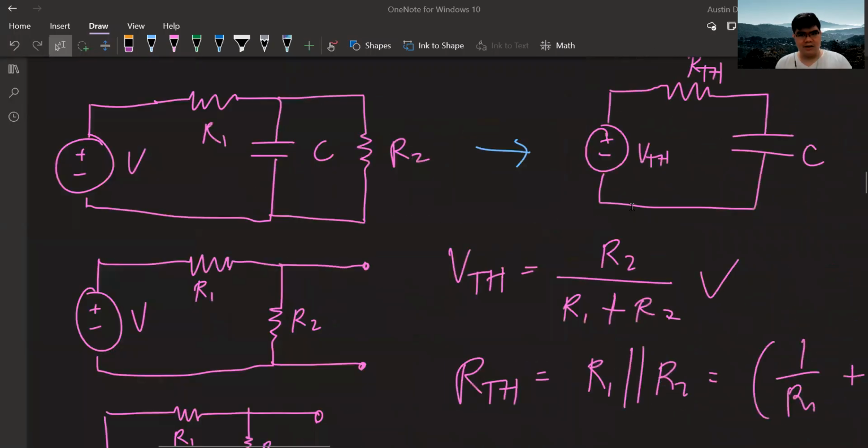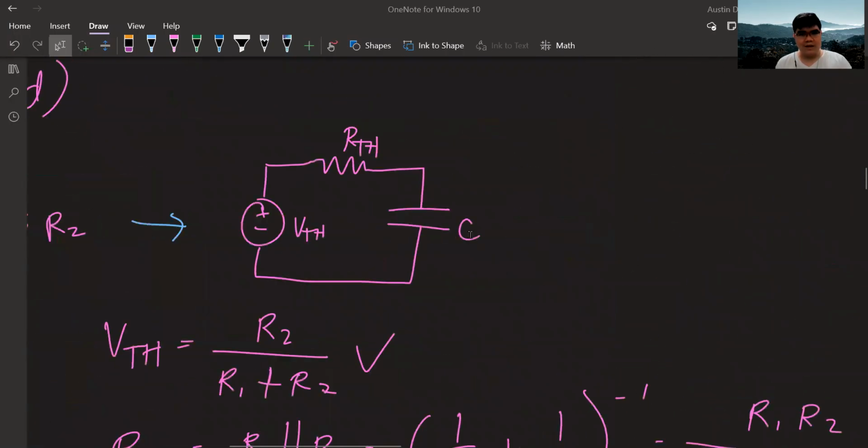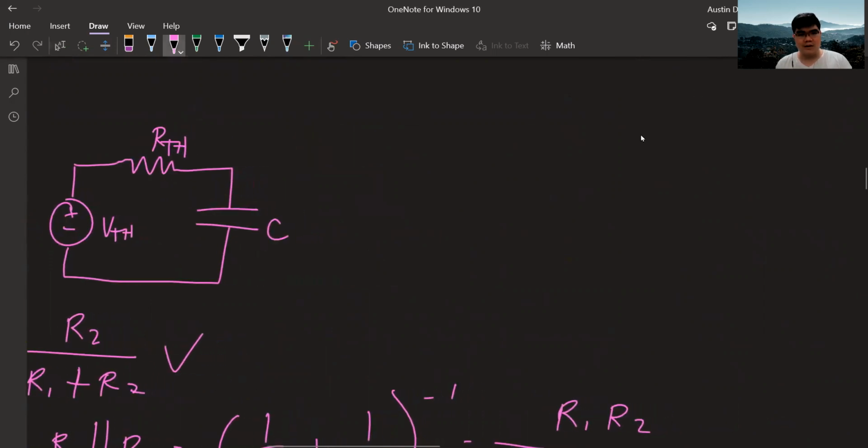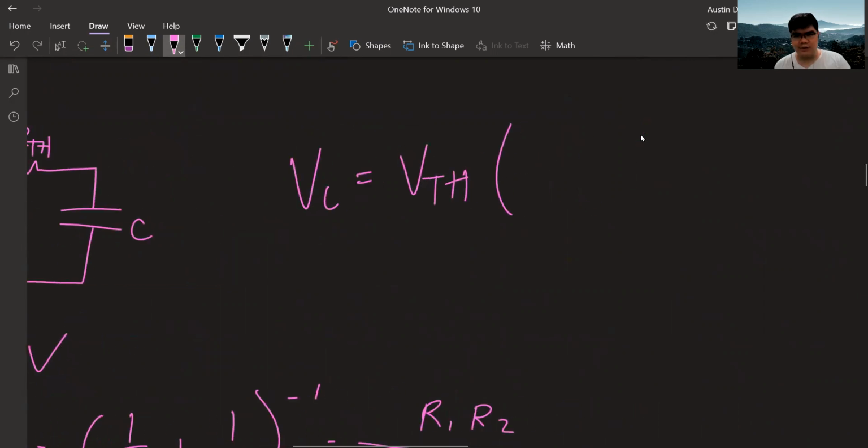Now, since nakuha na natin Thevenin natin, madali na natin makukuha yung voltage across the capacitor, di ba? Let me do that. So, VC would simply be VTH charging, di ba? Charging. So, 1 minus e raised to negative t over RTH times C.